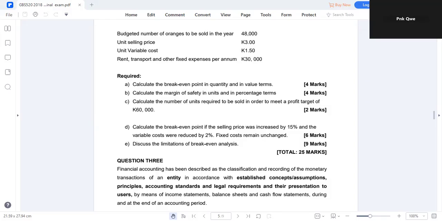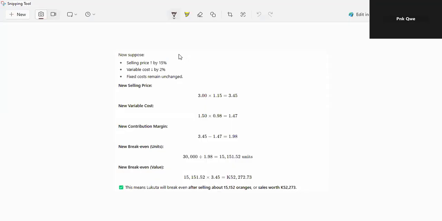Then our contribution we know is simply our selling price minus variable cost. Okay, so we are given to suppose the following. Number one, our selling price will increase by 15%. So just add 100 plus 15, it's 115, and divide by 100. In short, this is just some arithmetic. So you're going to get 1.15. Okay.